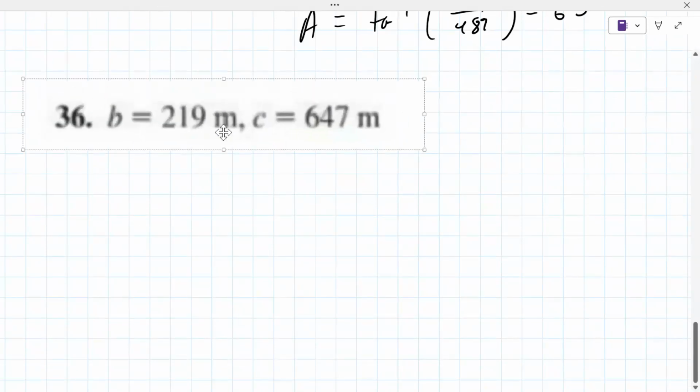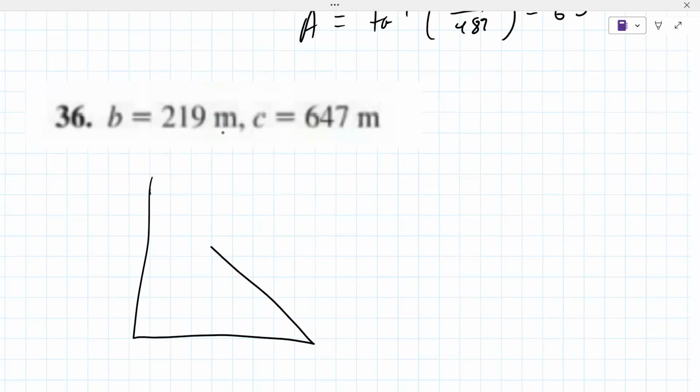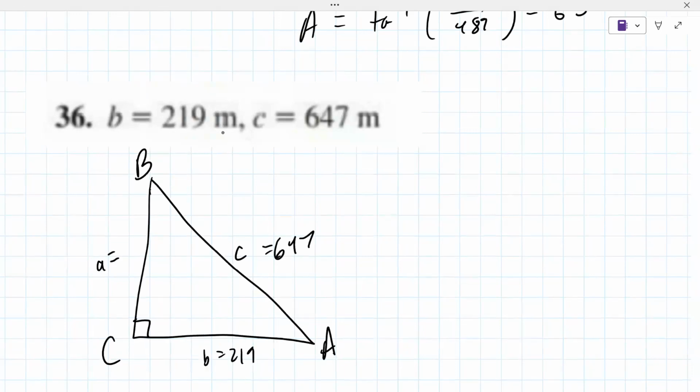All right. Again, drawing the triangle, definitely a good idea. Little c is across from it. That's 647. That's the hypotenuse. Your choice where you put A and B. B equals 219. Little a is there.